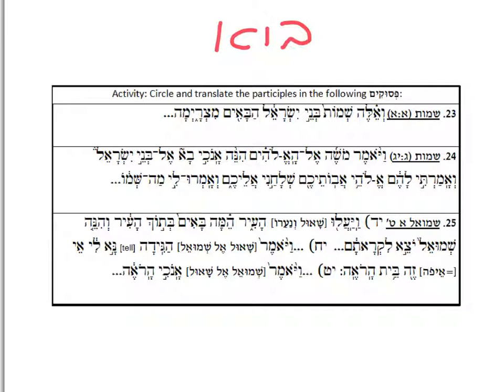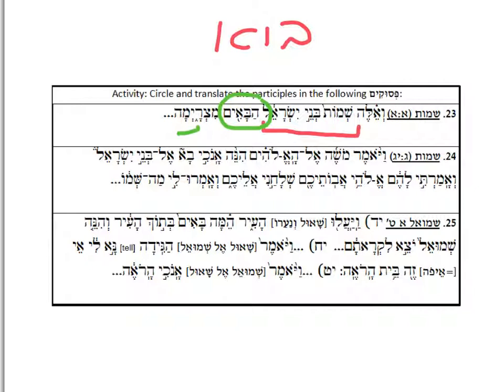Okay, so let's look at number 23. Ve'eleh shmot b'nei Yisrael. So shmot b'nei Yisrael is a triple smichut, triple construct form. So these are the names of b'nei Yisrael, of the sons of Israel, haba'im Mitzrayma. So what's Mitzrayma? Mitzrayma, that's the hey of direction, towards Egypt. So my question is about the word haba'im. Is this past tense or is this a participle?